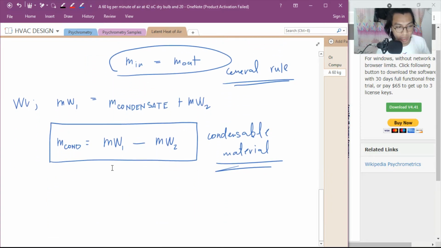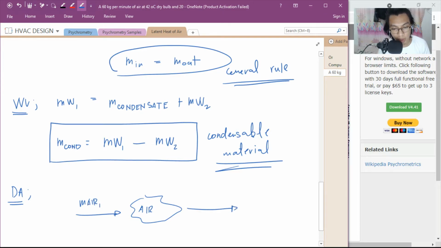How about the dry air? Let's go to dry air. DA for dry air. For dry air, the air comes in with mass of air 1, then leaves with mass of air 2.